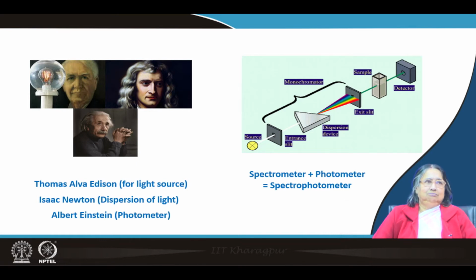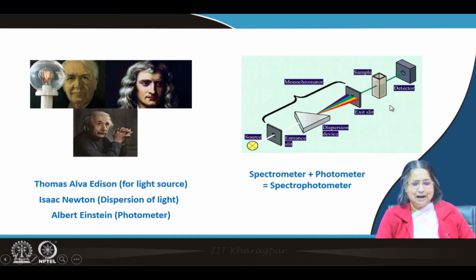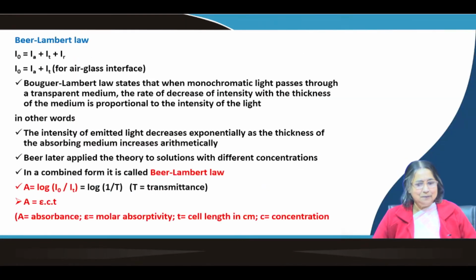It is like a brain with an eye. So, there are three parts: one is the leg, that is the lamp part, then the heart, that is the spectrometer part, and then the photometer part, that is the brain with the eye. Anyway, this is the simple way I can tell what a spectrophotometer is.